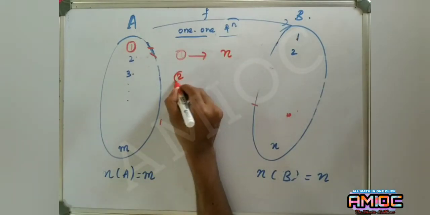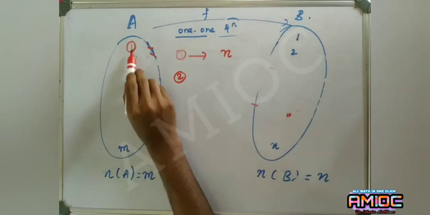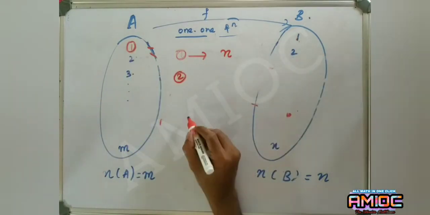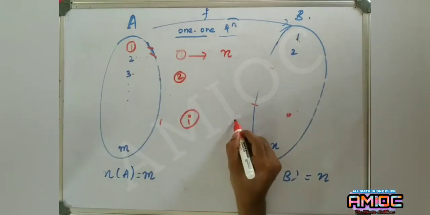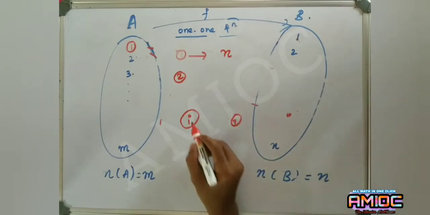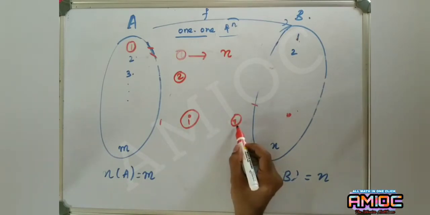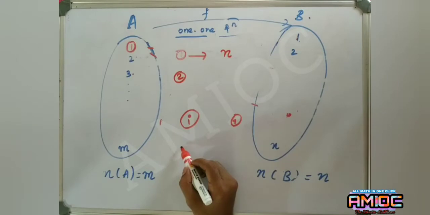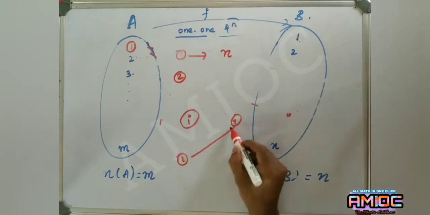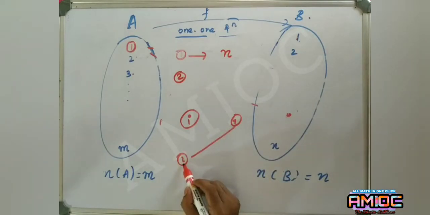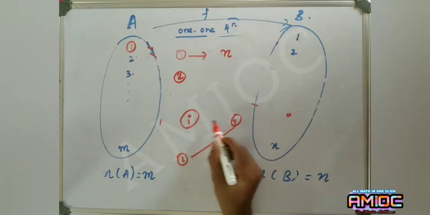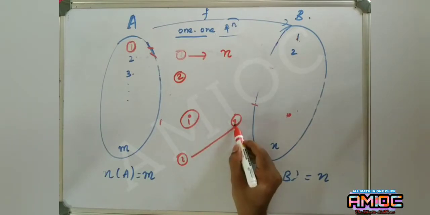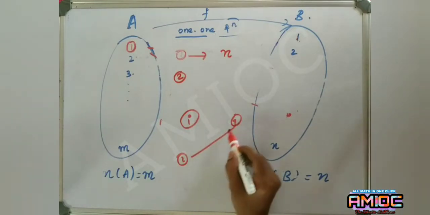What about 2? If 1 is mapped to some element, is it possible to choose 2 as mapping to the same element? If we map 2 to it, then 1 is mapped to that element and 2 is mapped to that element. Therefore, 2 cannot be mapped to it.